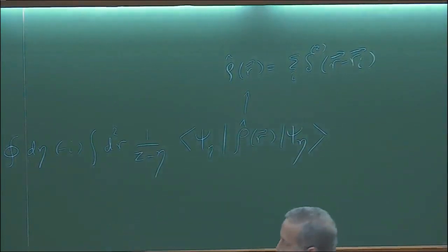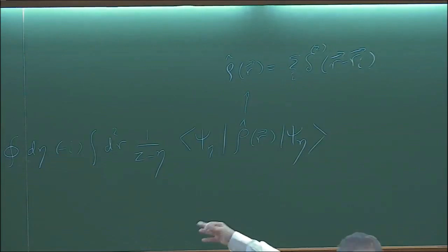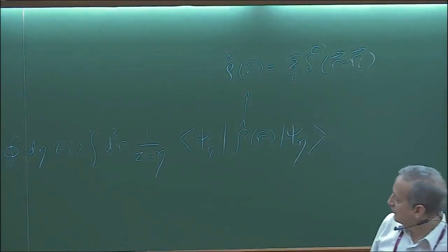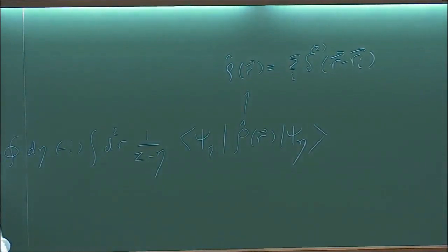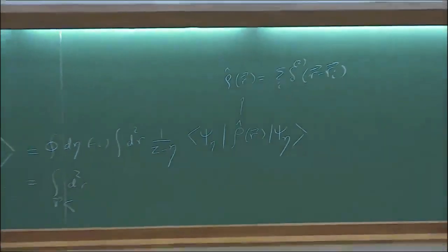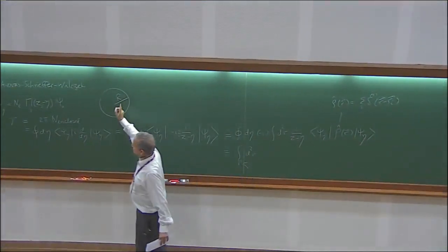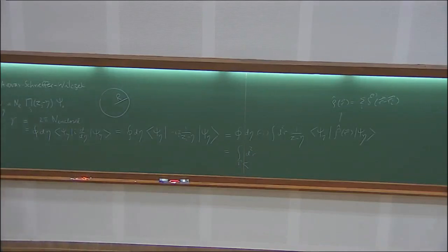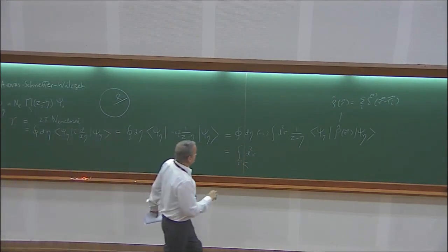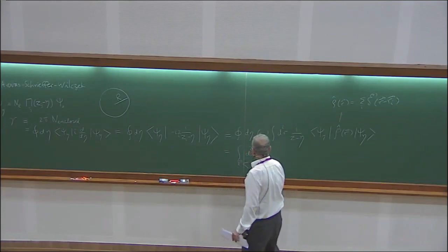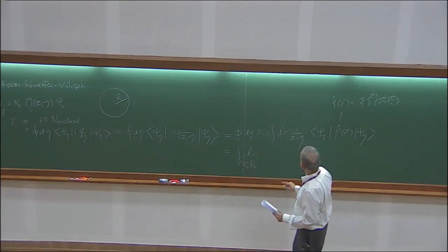So the answer is that this is equal to the integral d squared r, where r is less than capital R. Do not confuse this capital R with the capital R from before, which was just a collective symbol for all parameters. Here, this capital R is the radius. So long as r is less than this capital R, I will get 2 pi times the density.